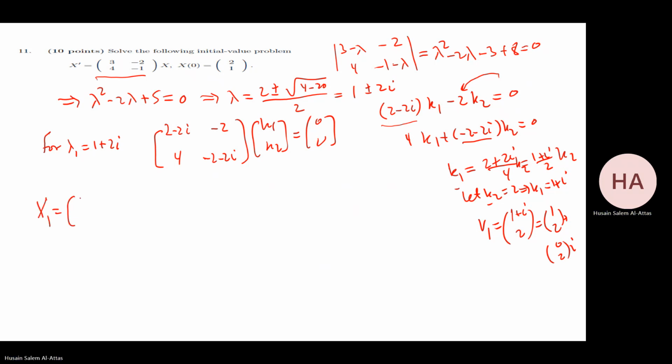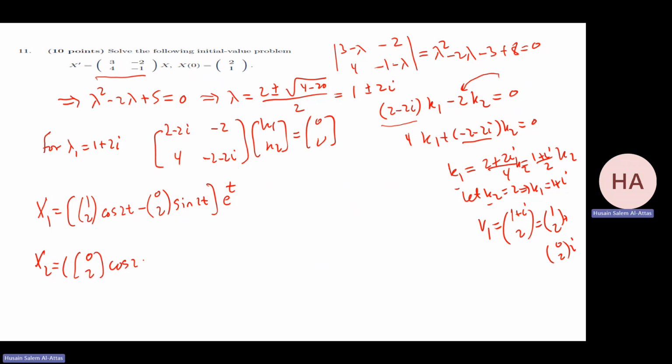What is B1? 1, 2 cosine beta. Beta is what? 2t, minus 0, 2 sine 2t, e to the power t, and X2 will be 0, 2 cosine 2t plus 1, 2 sine 2t, e to the power t.